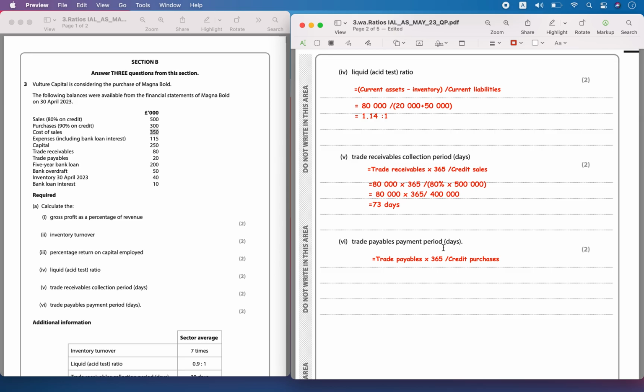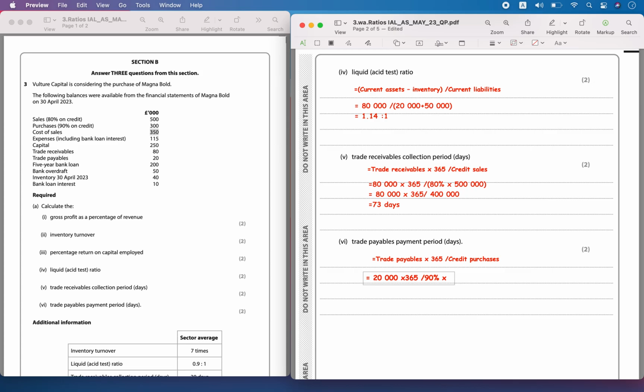Now the trade payables payment period. Let's calculate. The formula is trade payables times 365 divided by credit purchases. Trade payables is around 20,000, times 365, divided by credit purchases.